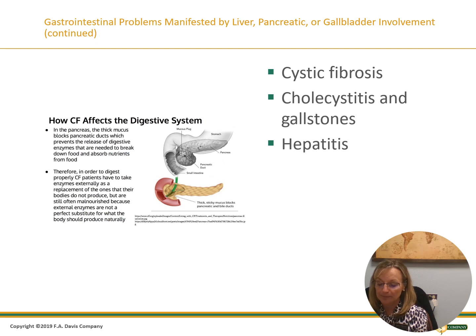Baby's probably going to be on pancreatic enzymes and fat-soluble vitamins. Remember, that's DEKA, D-E-K-A. They may take cystic fibrosis transmembrane conductance regulator. You're going to really watch these kiddos for their growth and development.